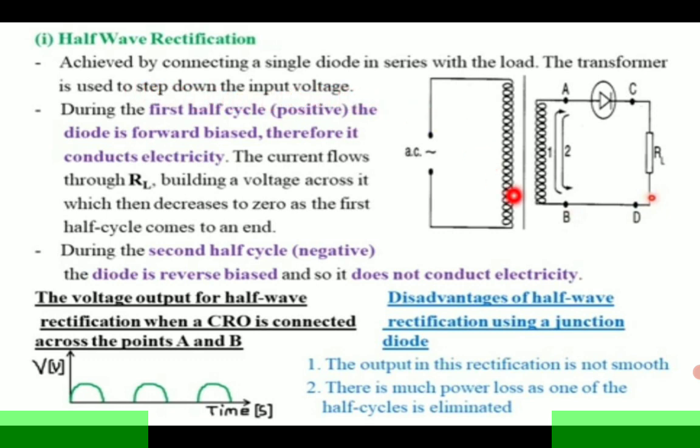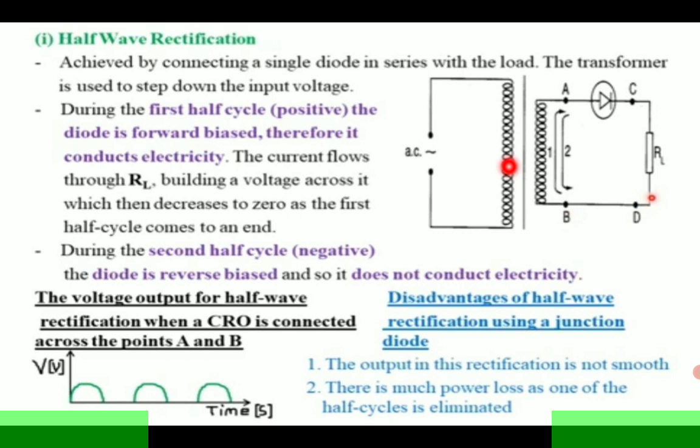In a step-down transformer, the primary coil has more turns than the secondary coil. So in short, this circuit is made up of a diode, which is connected in the same path as a resistor, and then we have a transformer. This is the symbol for a transformer. So current is being supplied into the primary coil.